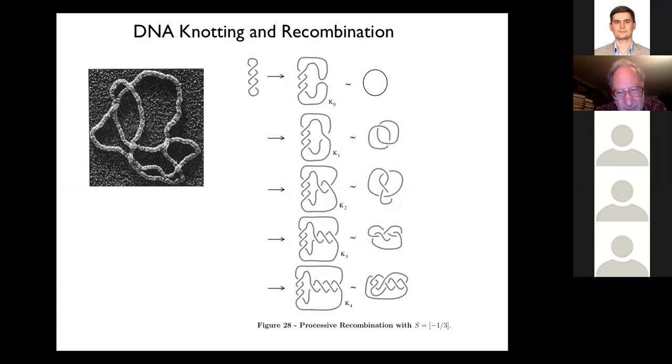Recombination here is what you see diagrammatically. Two arcs come near one another and end up being replaced by a crossover. And in this picture, they're always being replaced by a kind of right-handed crossover. First in K1 once, then once again in K2, then once again in K3, and once again in K4.